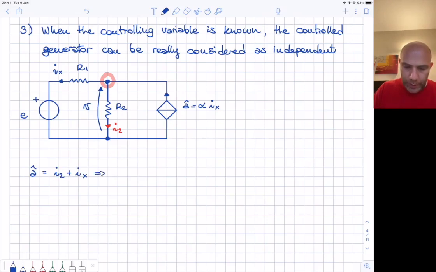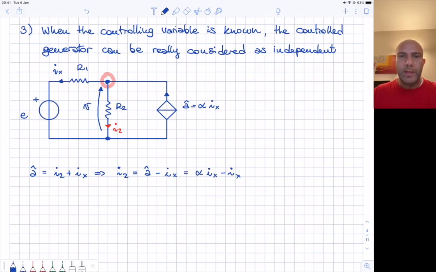And so I2 is A hat minus Ix. The value of A hat is α Ix minus Ix.